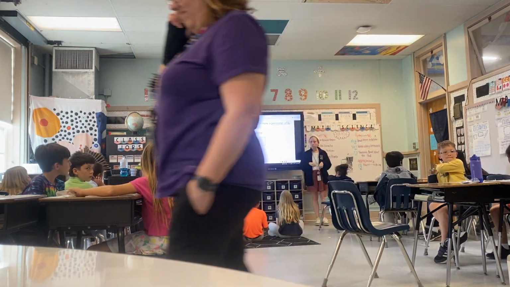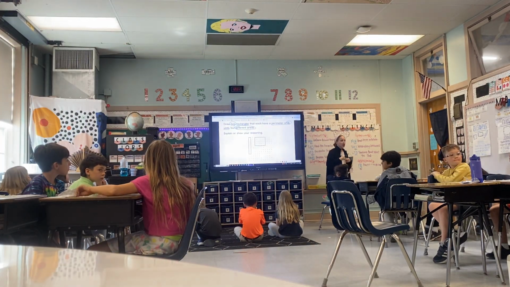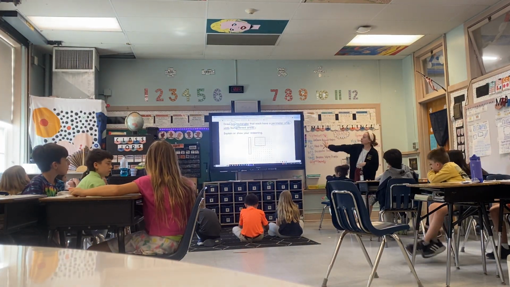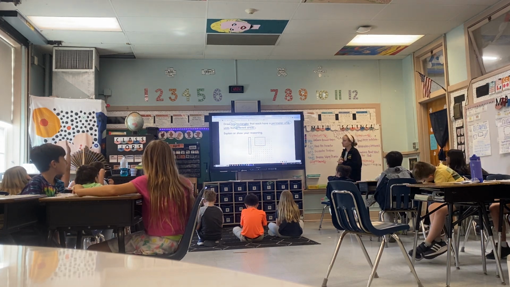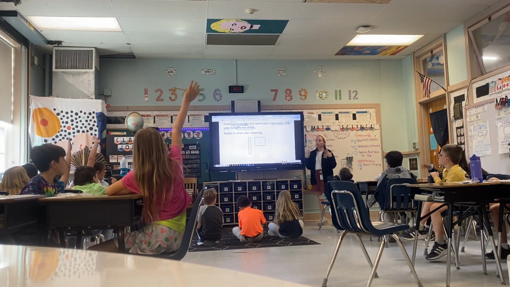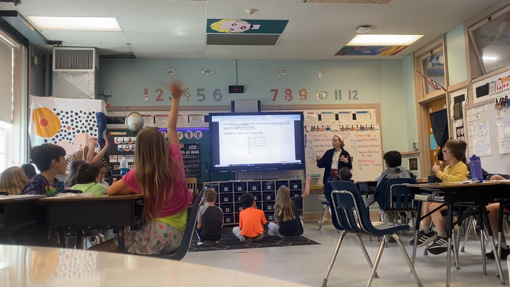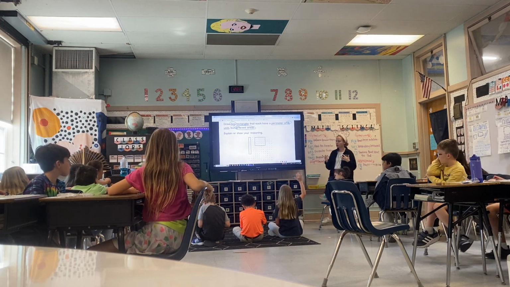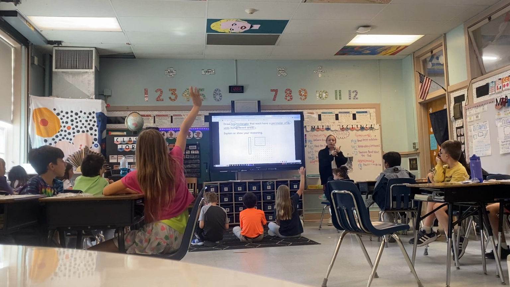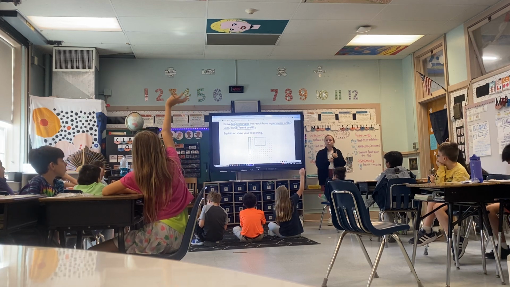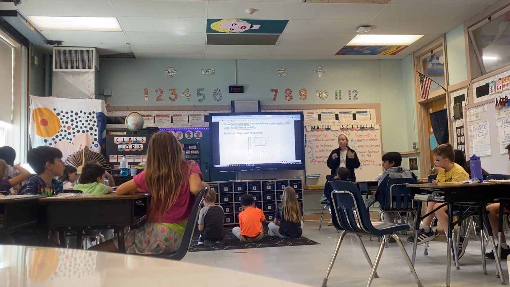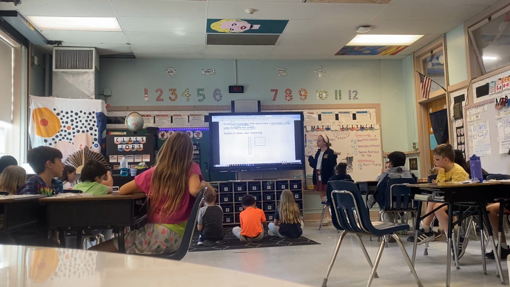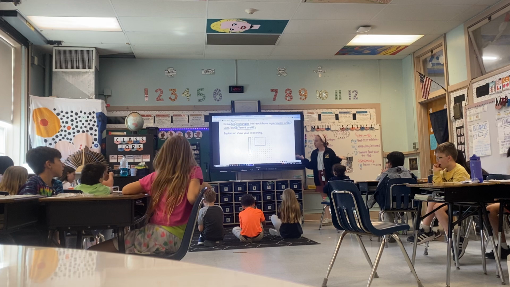Now, pretend you're the teacher and I just turned this exit ticket in. Thoughts? Megan? I see an area on here. Juliana? I don't see an explanation on here or any way to show my reasoning.